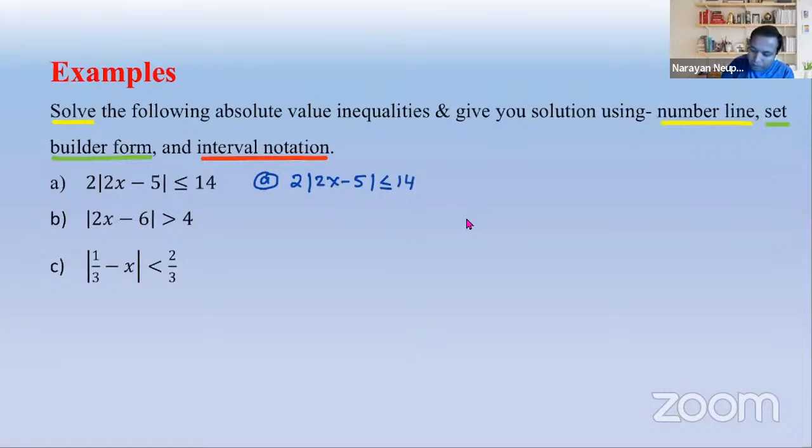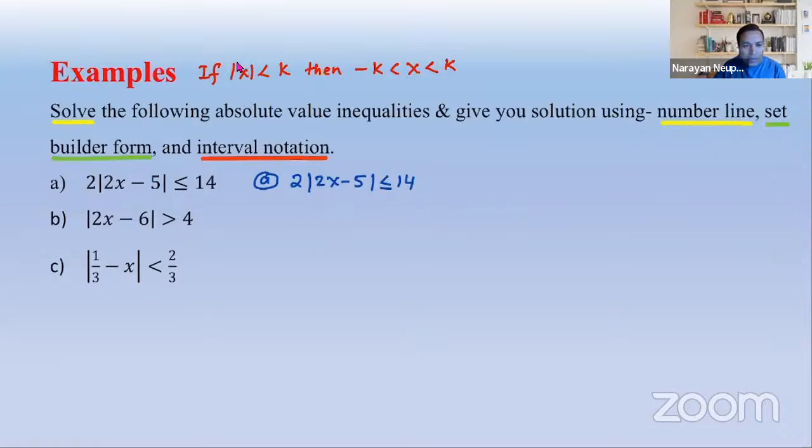What we know from the previous slide is, let me write the complete statement: if the absolute value of x is less than some value k, then x is between -k and +k. Then -k is less than x is less than k. So that is our formula, or the definition of less than. We'll be using that over here.